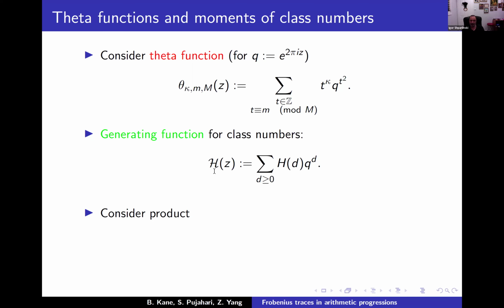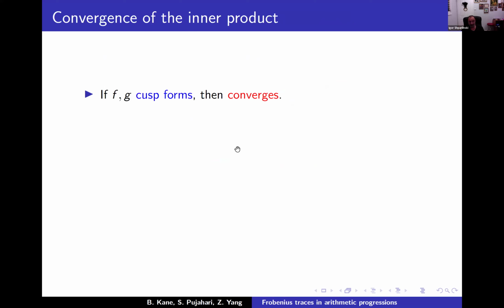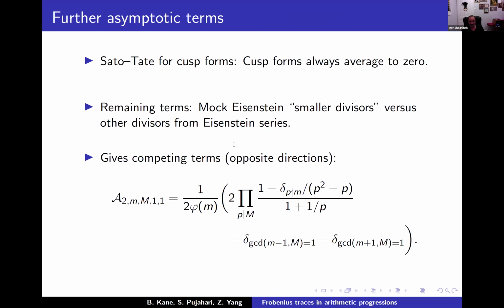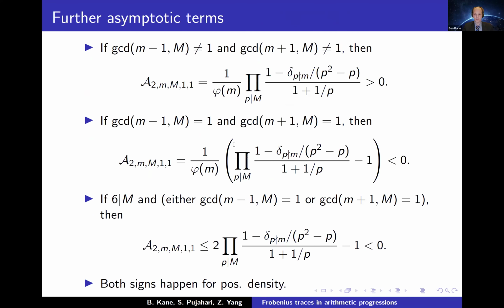Can we come back for a second to the last slide with the conditions on positivity and negativity? Yes. This one? Yeah. So what's the frequency of negative and positive values for a typical M? Is that 50-50?